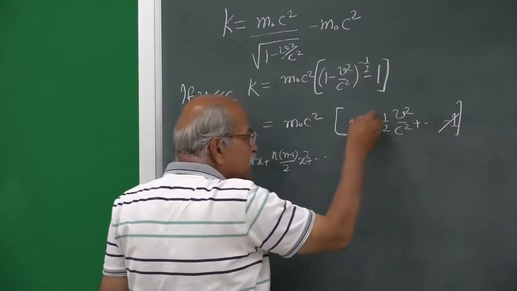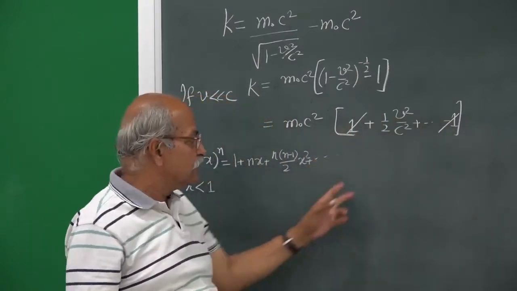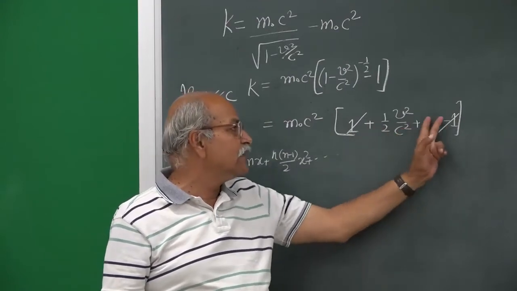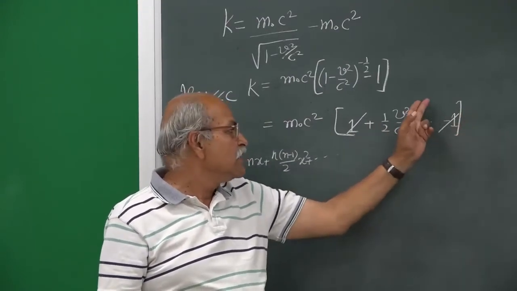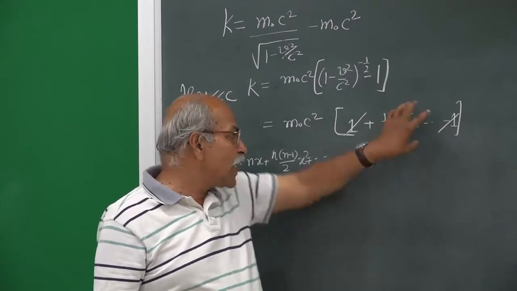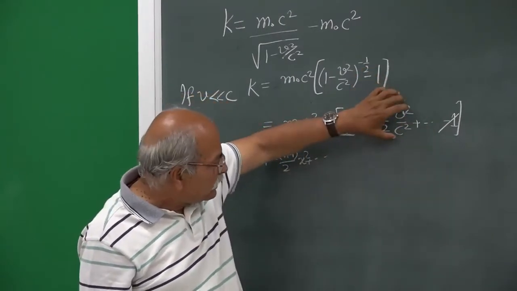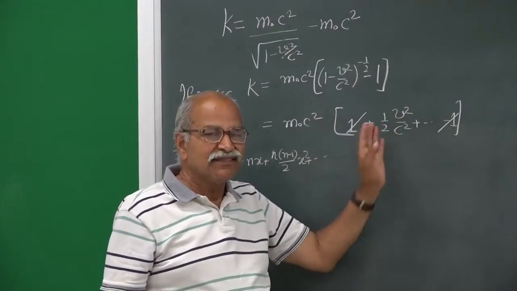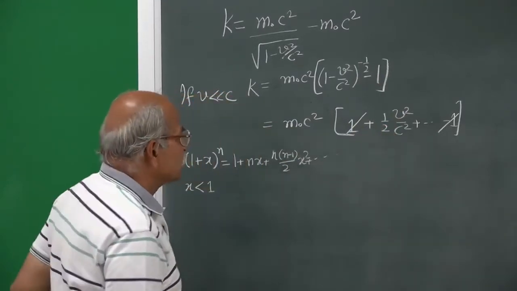So, this minus 1 cancels with this 1, but this remains, and therefore, we need not write any other term. The next term will be v to the 4 by c to the 4, square of this, which is already small. So, the first non-zero term we will retain, that is the way we do approximations.